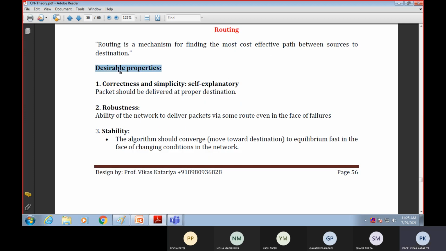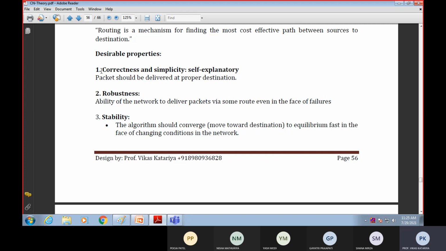Now let's understand the desirable properties, what we desire in our routing algorithms. First, correctness and simplicity. A routing algorithm must be correct and very simple, meaning just with pen and paper, we can explain the cost-effective path. Correctness means it always delivers the packets to the right destination.